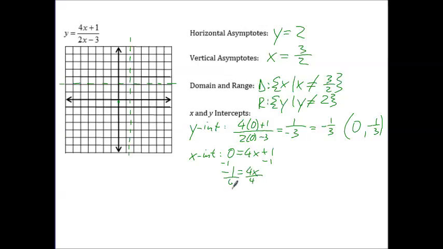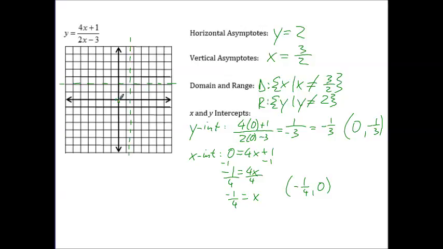Divide everything by 4, and negative 1/4 is equal to x. Our x-intercept is at (negative 1/4, 0). Again, a fraction. This is not so nice to graph as any point that's directly on the grid line, but let's not worry about it. Let's just make a point roughly where we expect it to be, and that is here.